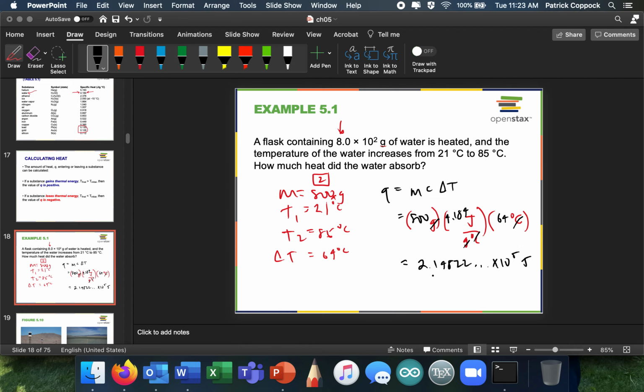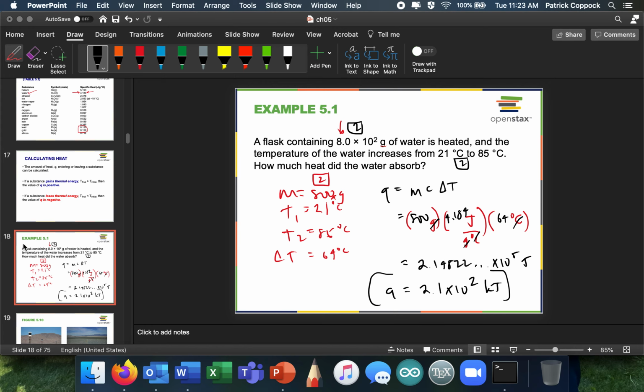I'm going to change this to kilojoules, and I'm going to take into account my sig figs. There's 2 sig figs here, and there's 2 sig figs here. Perfect. So it'll be 2 sig figs in my answer. Looks like it's going to be 2.1 times 10 to the 2 kilojoules, and that's the heat that I get.